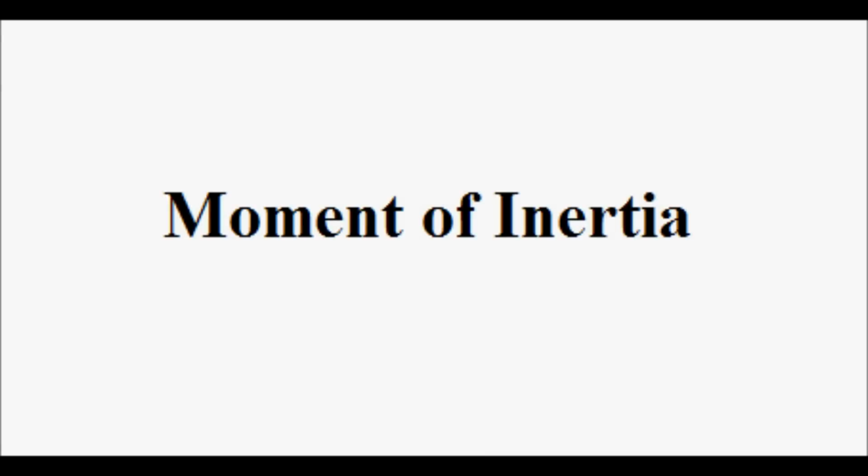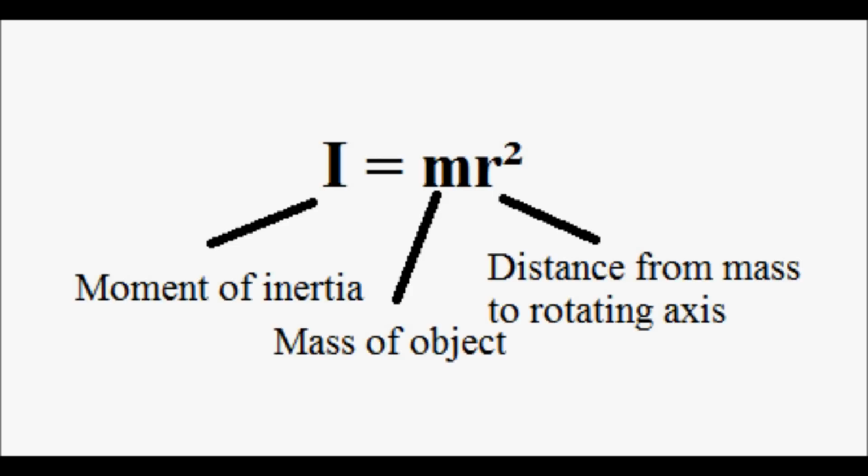Now, in order to understand more about rotation, you need to know about moment of inertia. Moment of inertia is how hard or easy it is for an object to rotate. The larger the moment of inertia, the harder it is to rotate. The moment of inertia can be defined by the following formula: I equals mr squared, where I is the moment of inertia, m is the mass of the object, and r is the distance from the mass to the rotating axis.